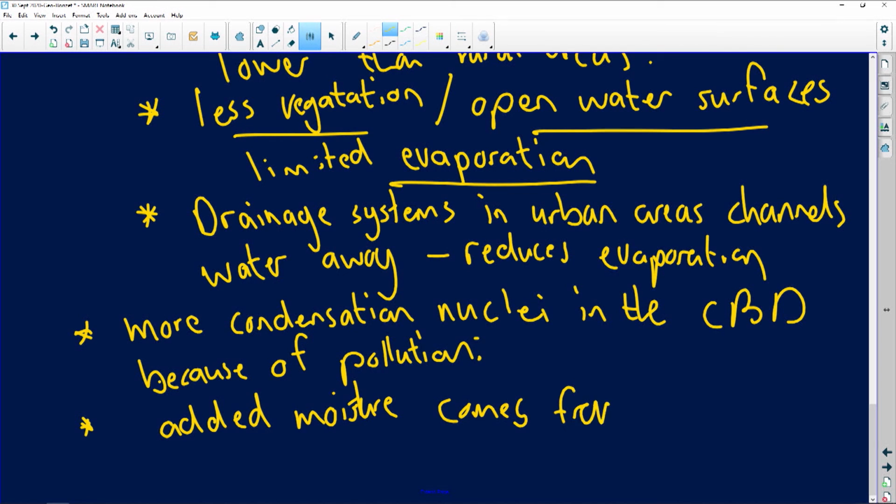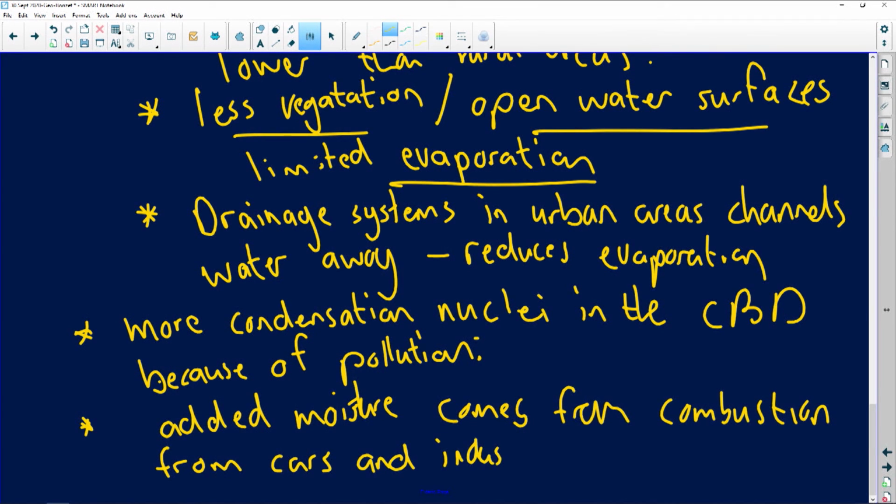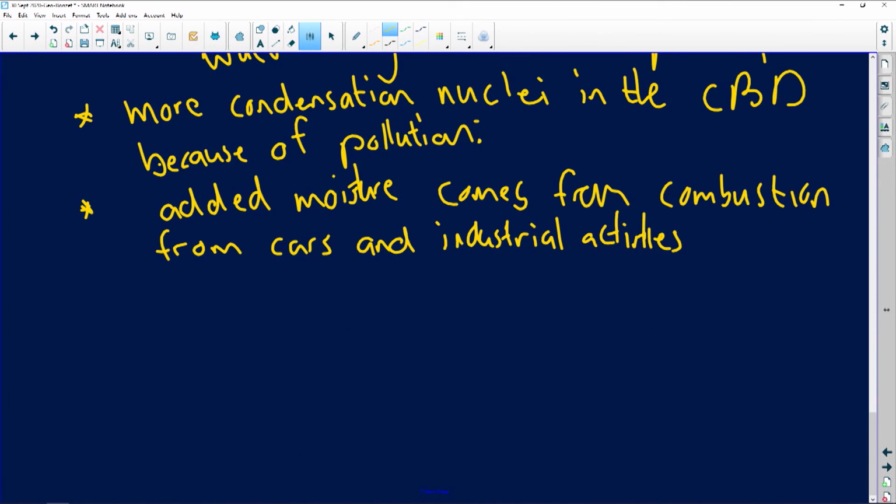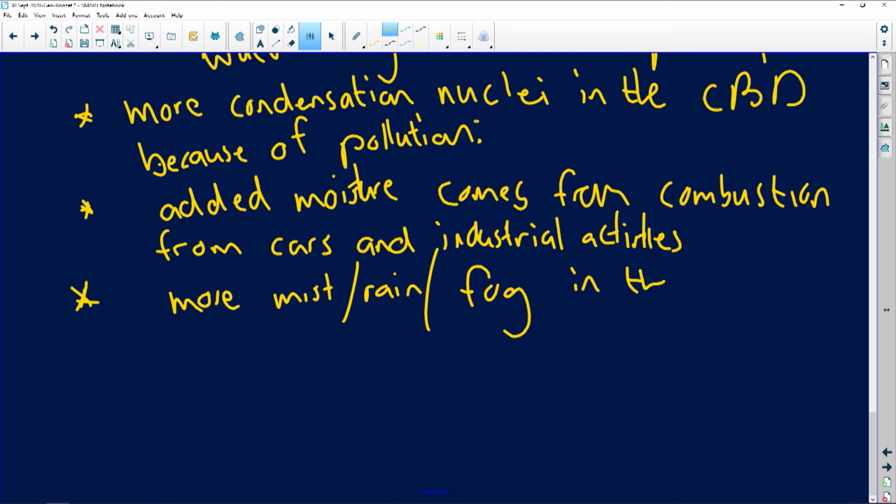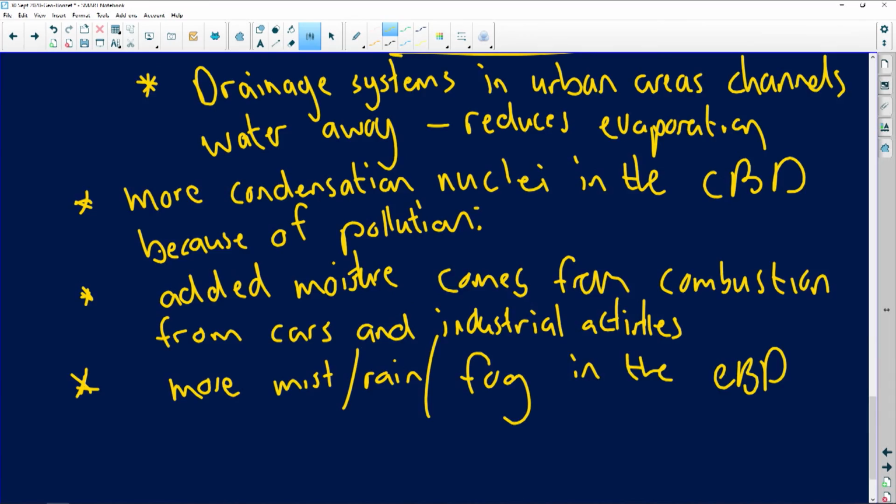It comes from the combustion from cars and industrial activities. Okay, that's the reason we experience more mist, rain, or fog in the CBD. Okay.